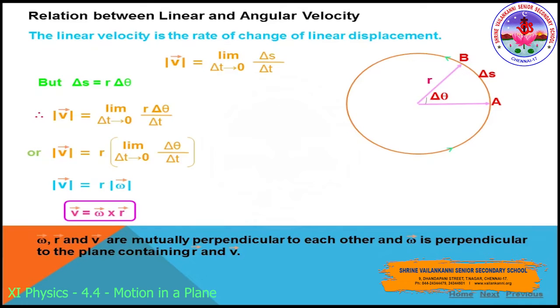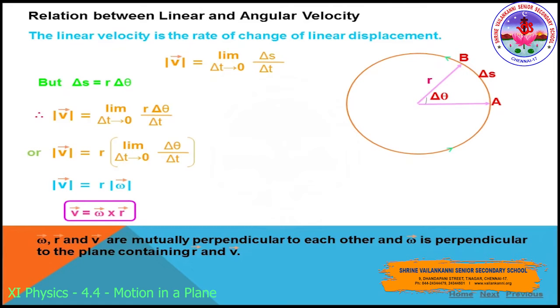Next, we can see the relation between the linear velocity and the angular velocity. Consider a particle which moves along a circular path of radius r, and suppose the particle moves from A to B in time Δt, covering the distance Δs along the arc AB. That is the angular displacement of the particle.